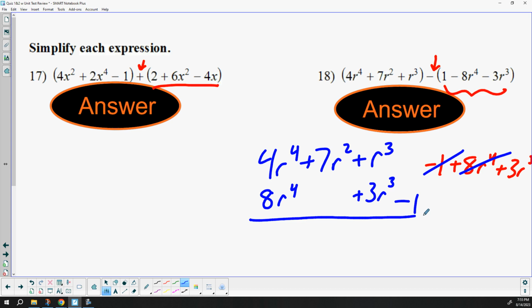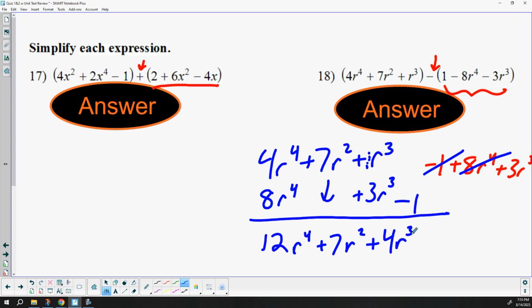Bring stuff down. So 8 and 4 make 12. Yeah, 12r to the 4th. Bring down the 7r squared. 1 plus 3 gives us 4r cubed, and then minus 1.